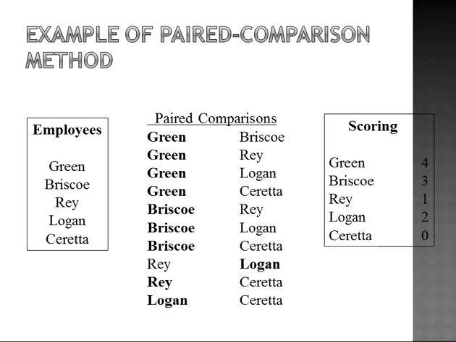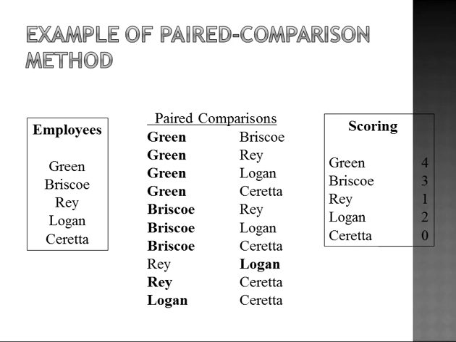Then we have an example of the paired comparison method. So here we have these paired comparisons: Green and Briscoe, Green and Ray, Green and Logan, Green and Soretta, Briscoe and Ray, Briscoe and Logan, and so on and so forth. So each time you do a comparison, you, for example, will circle the person who is the better employee within each pair.